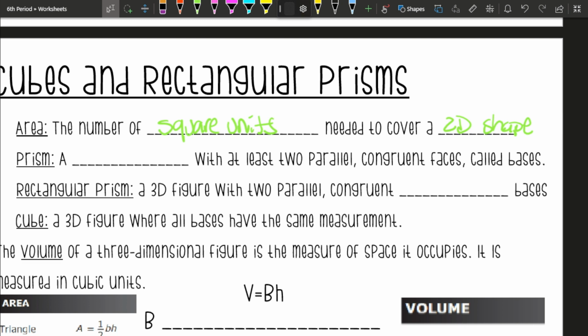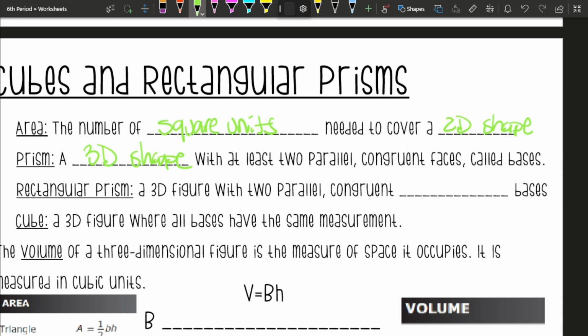Now, a prism, however, like when I showed you the box, somebody said it's a 3D shape. So a prism is a 3D shape with at least two parallel congruent faces called bases. Again, base, base. They're parallel. And what does congruent mean? The same size, same angle, same everything.